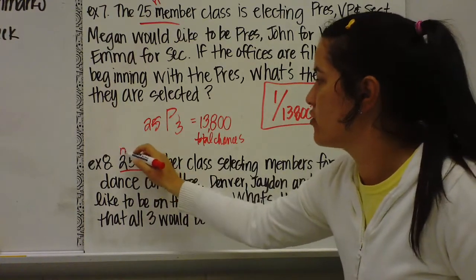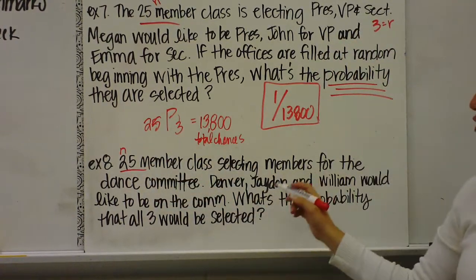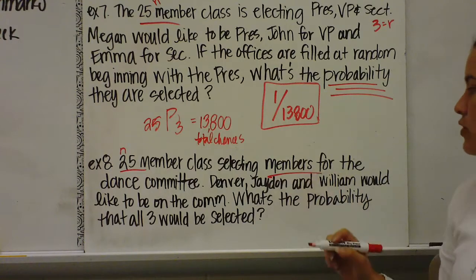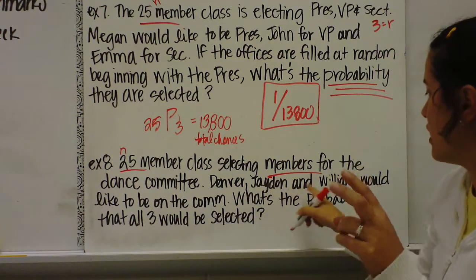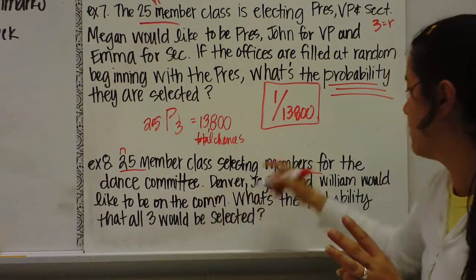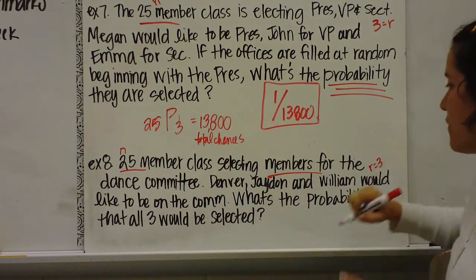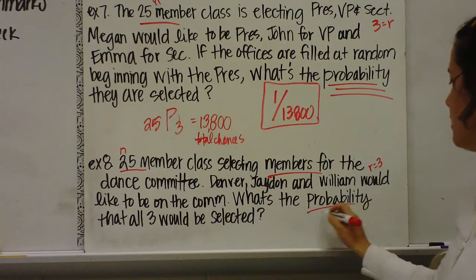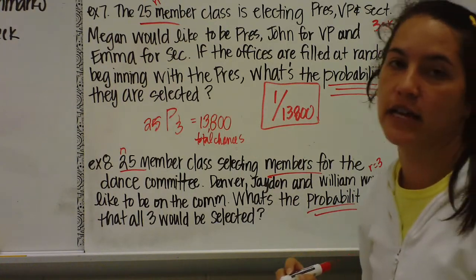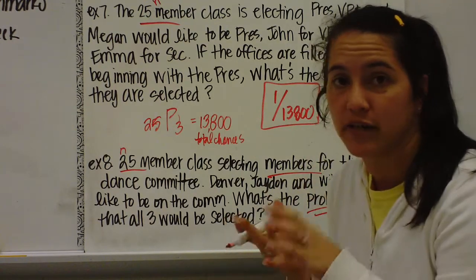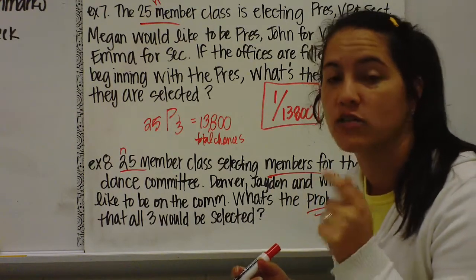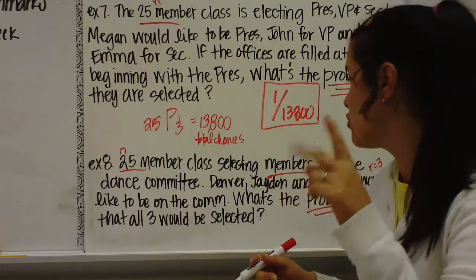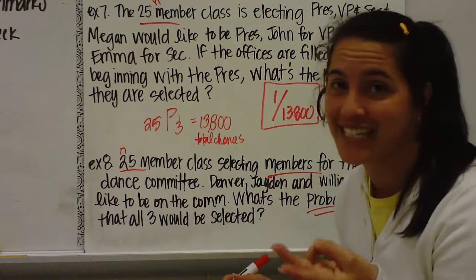25 members, so there's your N. Class selecting members for the dance committee, so it's just members. So order is probably not going to be important. Denver, Jaden, and William would like to be on the committee, so our R is 3. What's the probability that all 3 would be selected? Does it give a specific order, president, vice president, secretary? It does not. So this is going to be a combination because order does not matter. Denver, Jaden, and William just want to be on the dance committee.